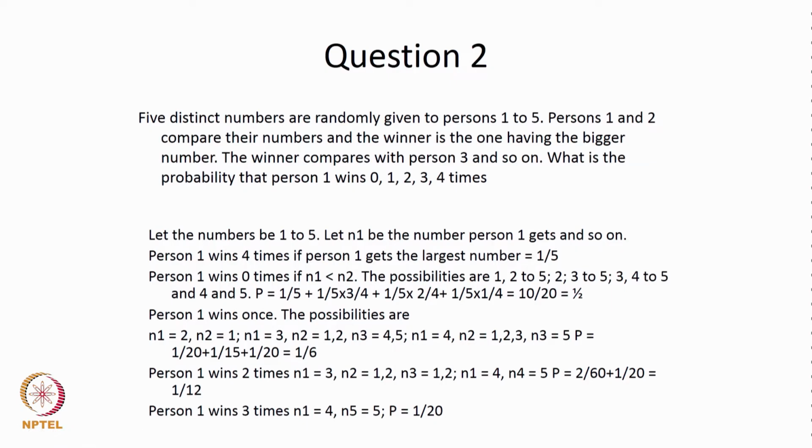So, this can happen when person 1 gets the number 2 and person 2 gets the number 1, so that person 1 will win, and next time the person will lose because person 3 would have got a number higher.